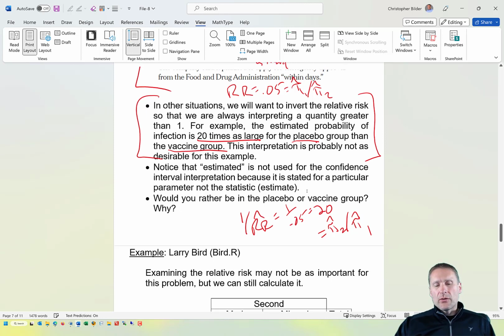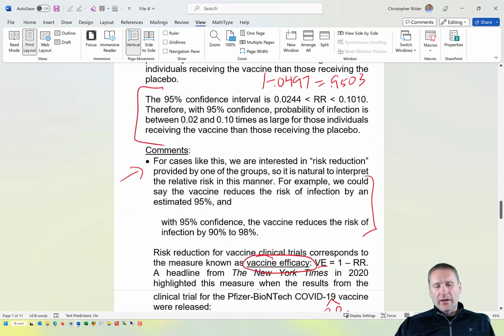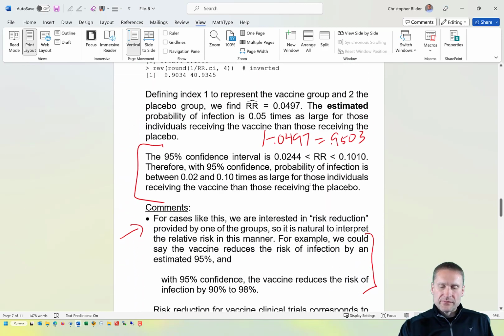Now notice when I do interpret this confidence interval, if I come up to the original interpretation, I do not say with 95% confidence the estimated probability of infection is between 0.02 and 0.1. This is sometimes a common mistake that students make where they add the word estimated. The word estimated should not be there because we are actually finding a confidence interval for the actual parameter itself, RR, rather than its estimated quantity.